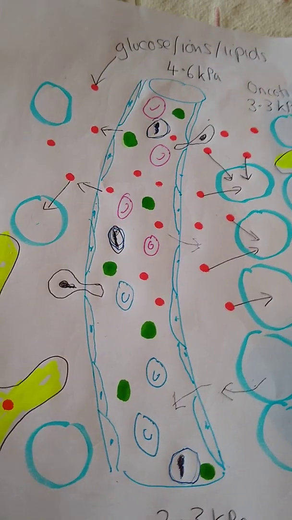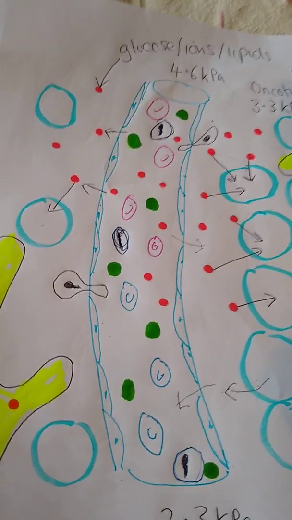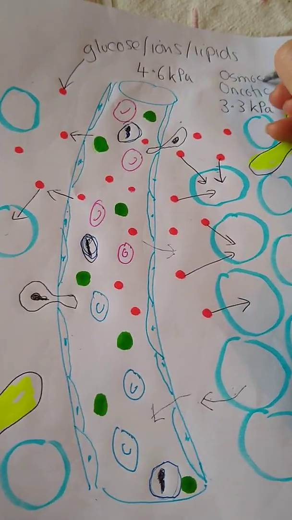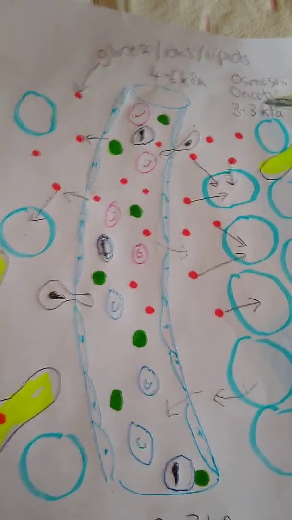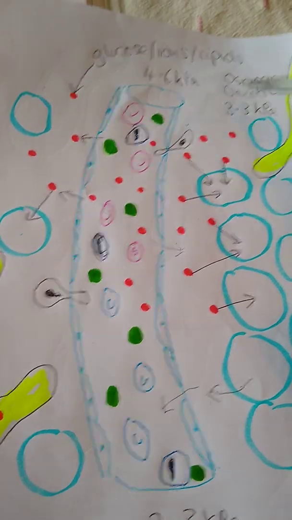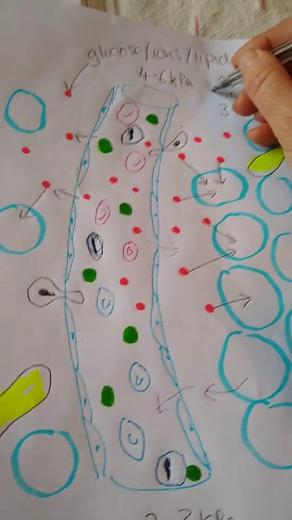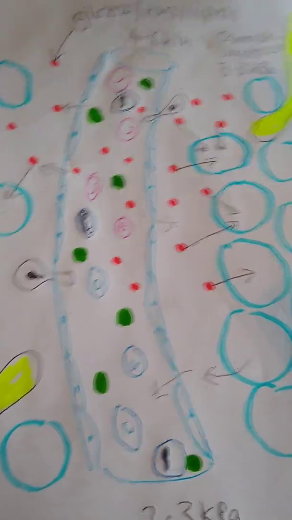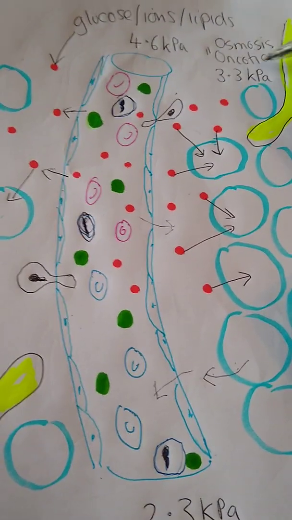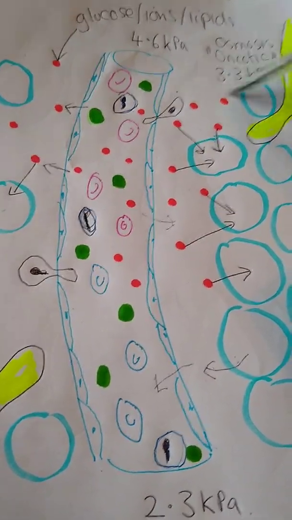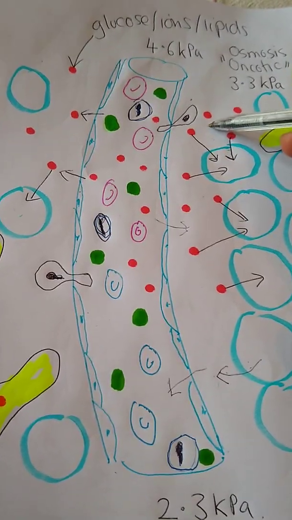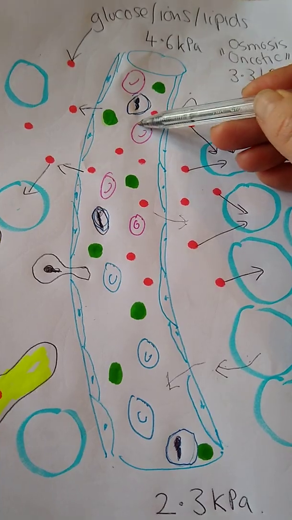And that's the same as osmosis, but when it's water moving into a capillary, they give it this special name, oncotic. I don't know why. They should call it osmotic pressure, but they don't. They call it oncotic pressure, so don't be worried about it. That is just the pressure driving water from here, the tissue fluid, into here.